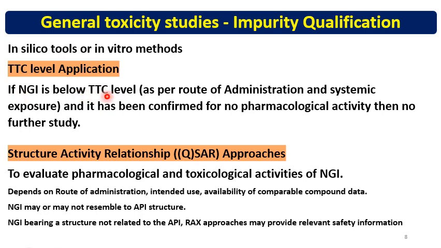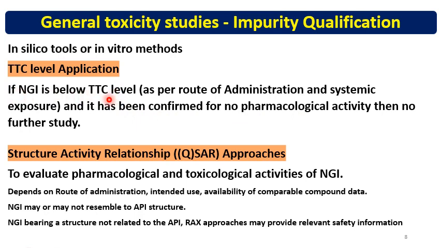If it is below the TTC level, then there is no need to qualify it, because you have applied the TTC approach of genotoxic impurity to your NGI impurities. So this TTC is threshold for toxicological concern, and the limit is 1.5 microgram per day. If it is well below that limit, then no need to go for qualification.